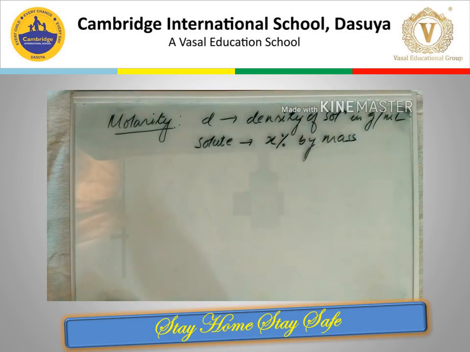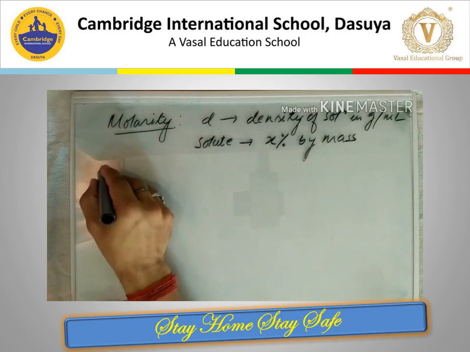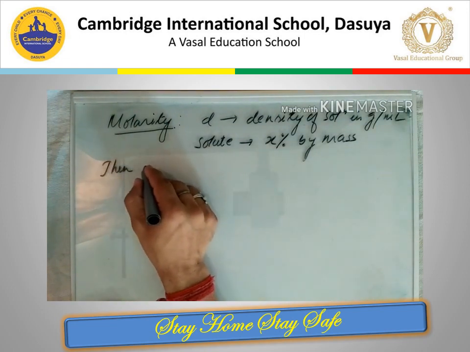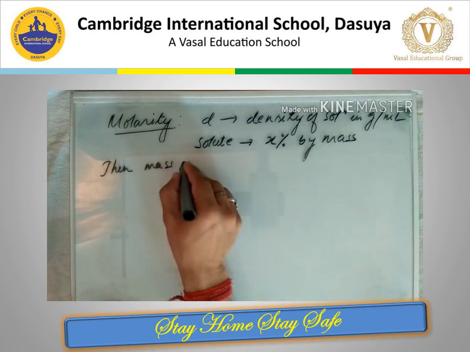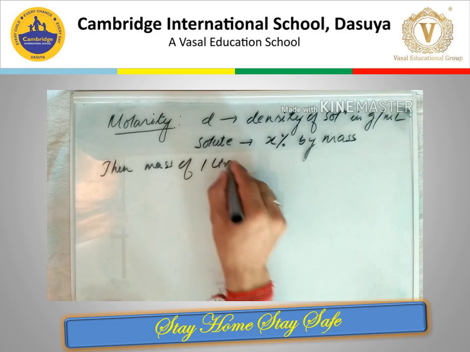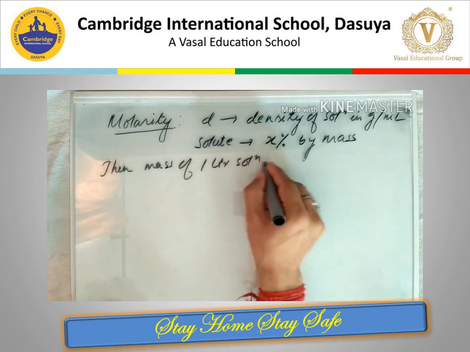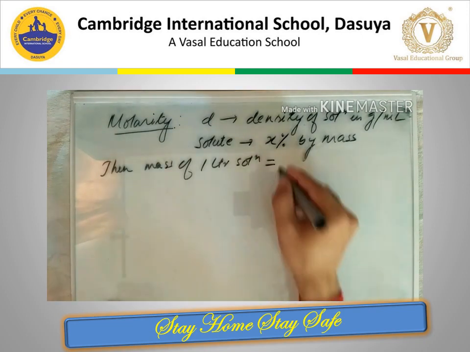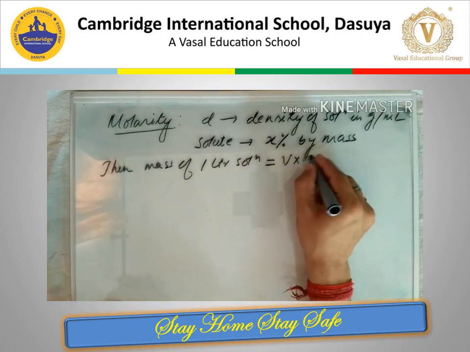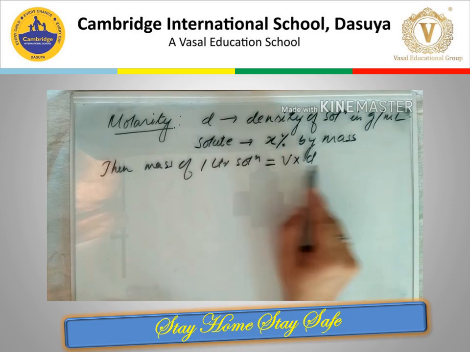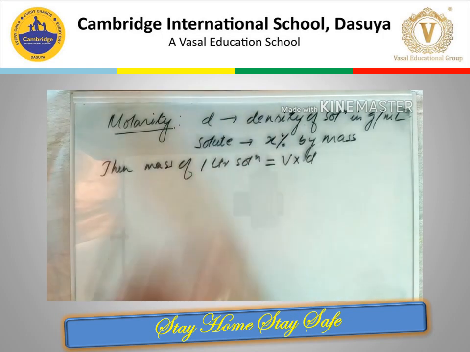Then mass of 1 liter solution equals volume into density, V into D. Volume here is 1000 ml and density is D here.